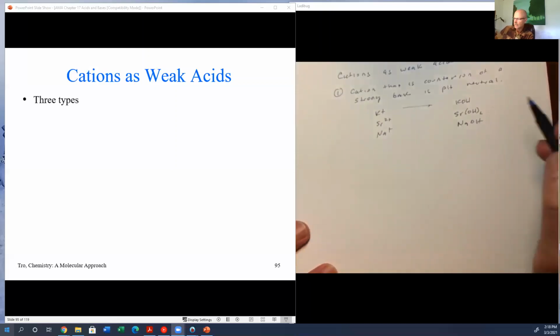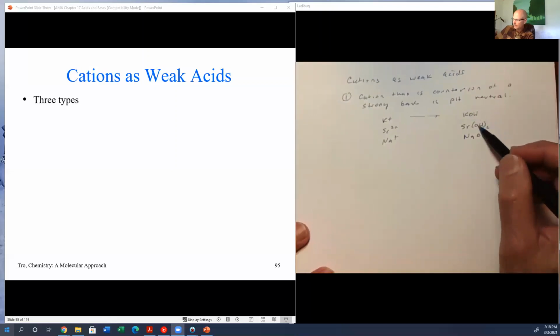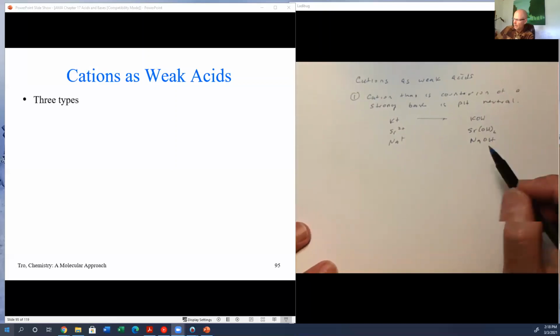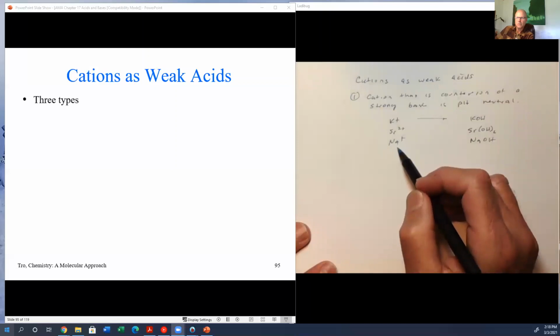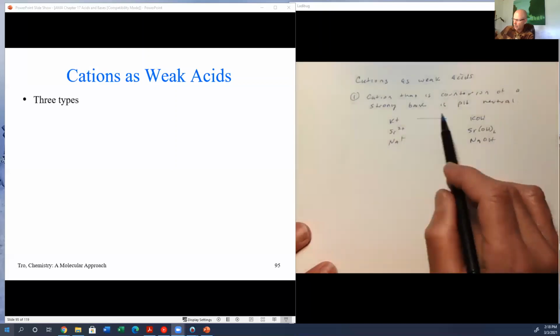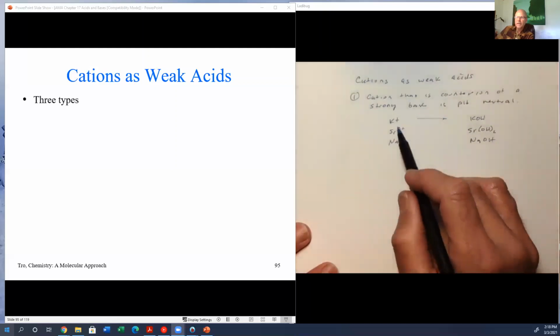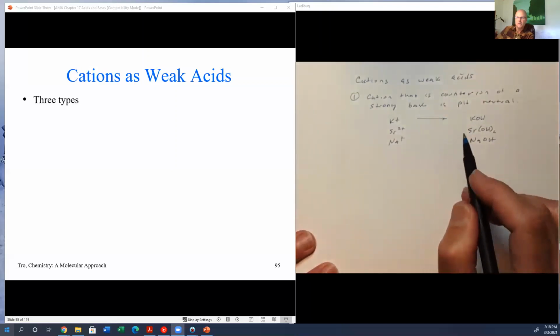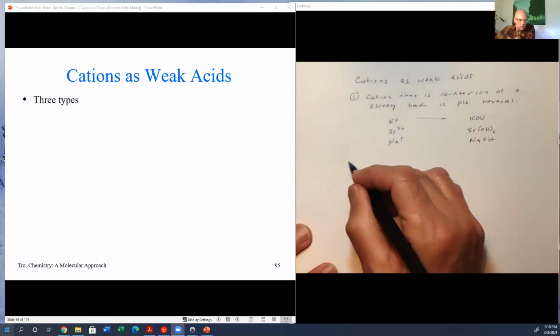Since these are all strong bases, these are all pH neutral. So if you recognize the cation as a counter ion of a strong base, then that ion is pH neutral.